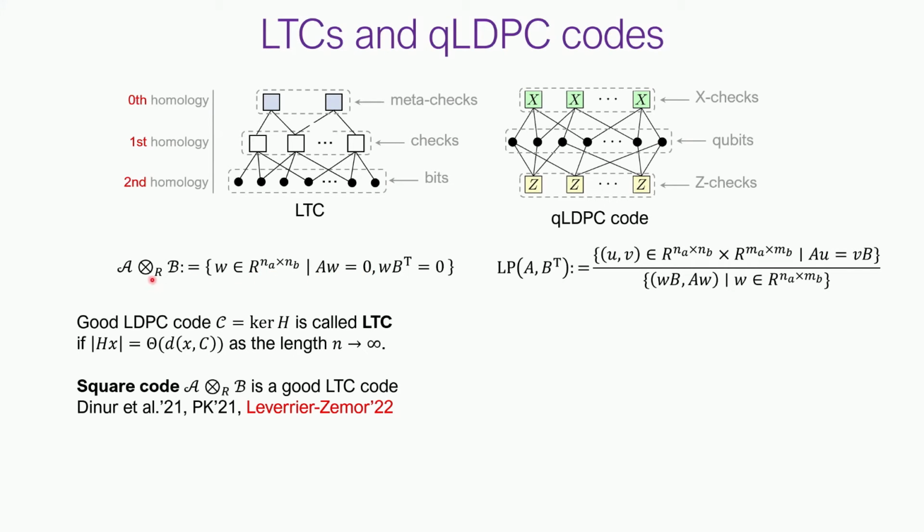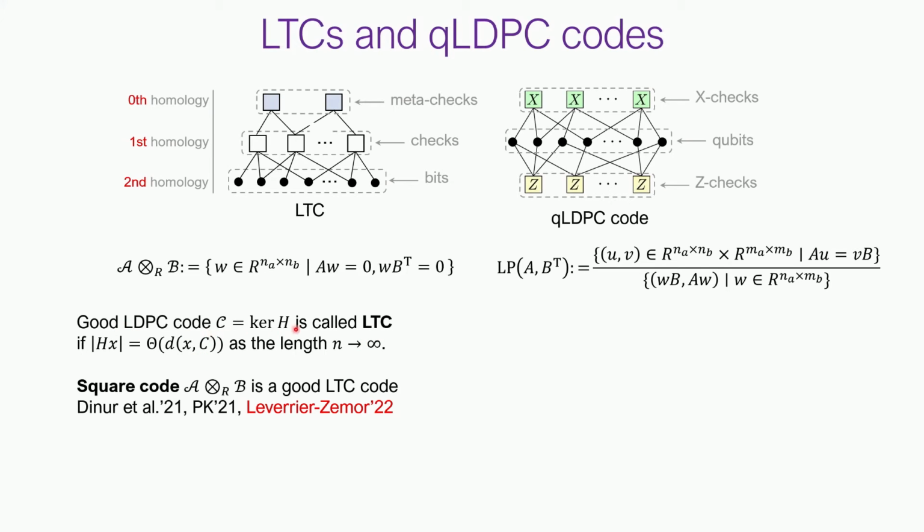And it turns out that this tensor product also gives you a very interesting code. This code has a very nice property that is called local testability, and such codes are called locally testable codes.